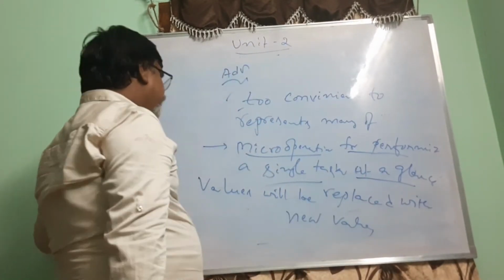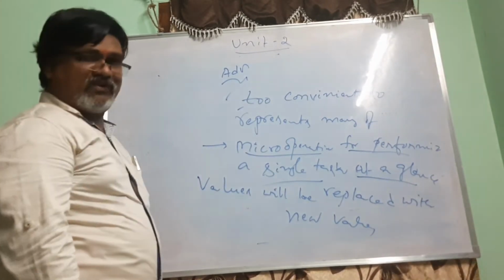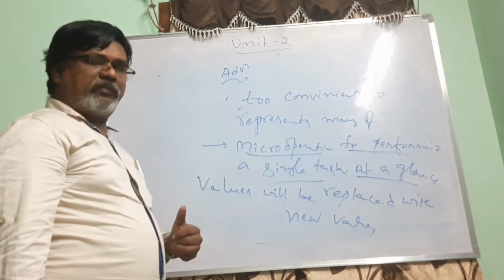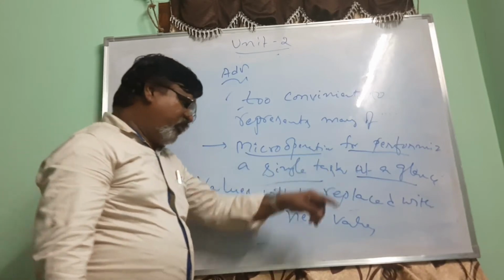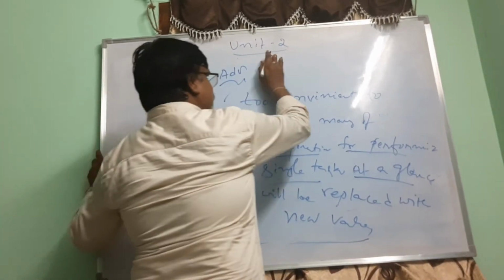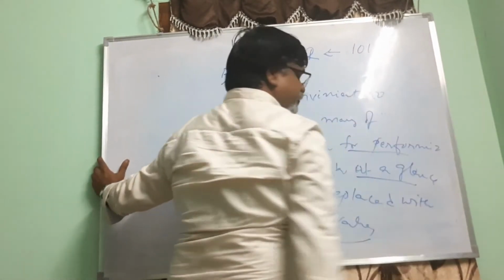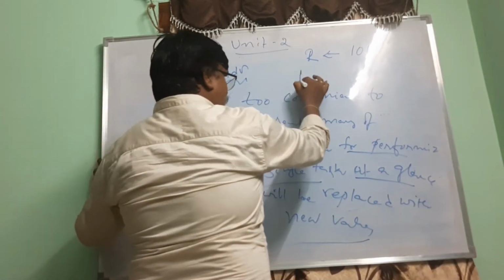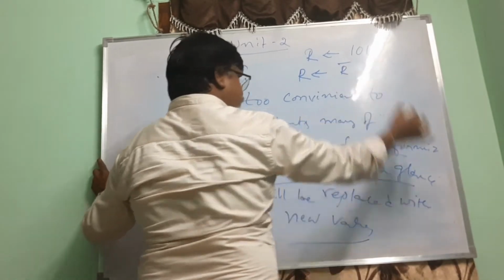I am repeating again. With the help of this RTL, that is register transfer language, whenever we perform the various micro operations, the values in the registers will be replaced with the new values. Example: register R has 1011. Now I am performing an operation, R is R complement.